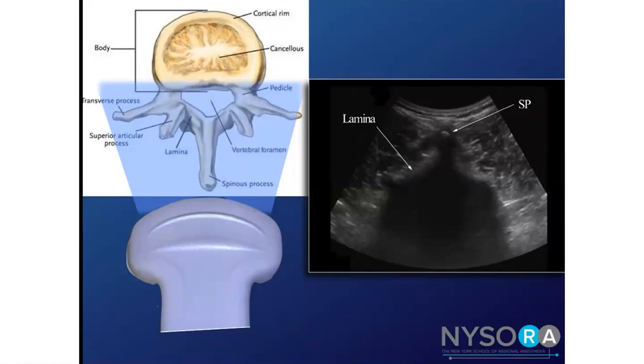This is because of the bony shadow, because you are casting your beam directly over the bony prominence, and you can't see anything deeper than that. So in order to get a more helpful picture, one needs to slightly angulate or tilt the probe cephalad.